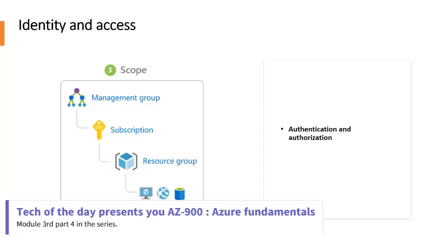So principal is basically after authorization. You are given some roles, and those roles are attached to your identity. A service principal is an identity that is used by a service or application, and like other identities, it can be assigned roles.